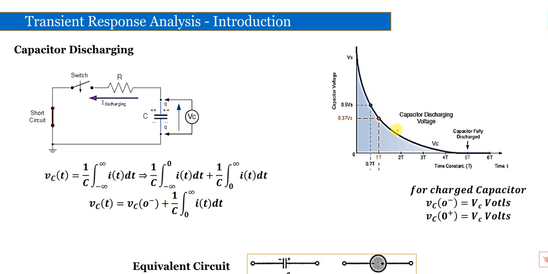This is Vc of 0 minus. Suppose some voltage is there before switching; immediately after switching the capacitor still has that value Vc volts. If you give some time, it will discharge and lose some amount.